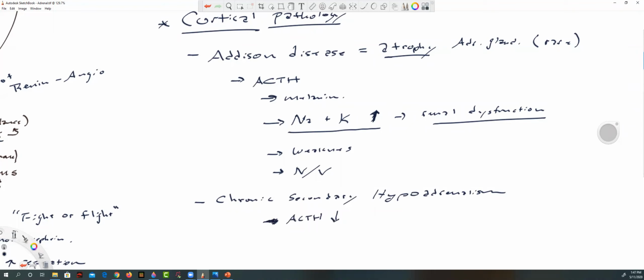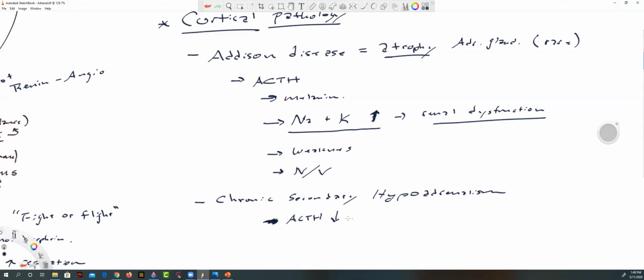Let me get rid of this. I feel it's slightly confusing. ACTH decreases because of a problem up in the brain, not down in the adrenals. So that decreases. Remember, ACTH is what acts on the gland to increase production of adrenal hormones.